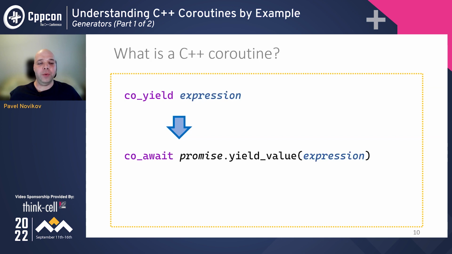The first piece of magic is that the co_yield expression is transformed into this construction, which is co_await on some promise object on which yield_value is called, and the expression is passed to that call.